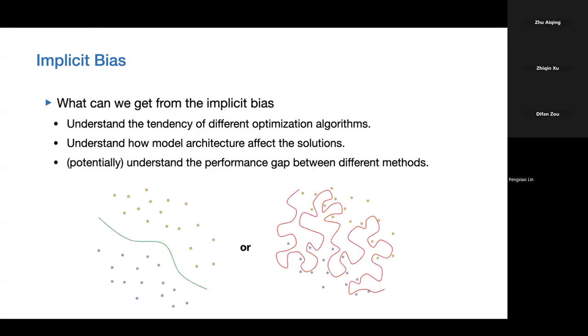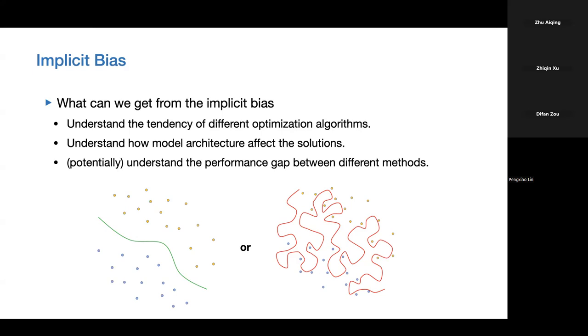As I mentioned before, if we have an implicit bias result, we can further understand the tendency of different optimization algorithms for some particular problem. We can also study what happens if we use different model architectures, or slightly modify the architecture, like just adding a shortcut, and whether we really find different solutions with different generalization.